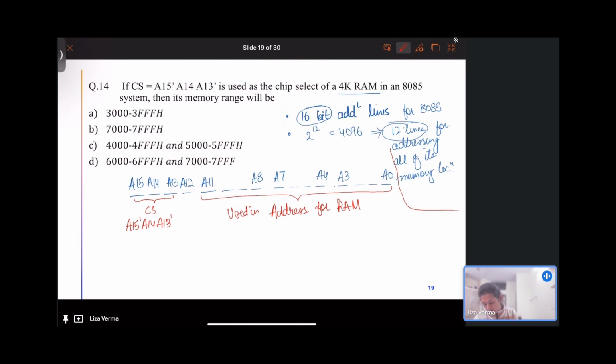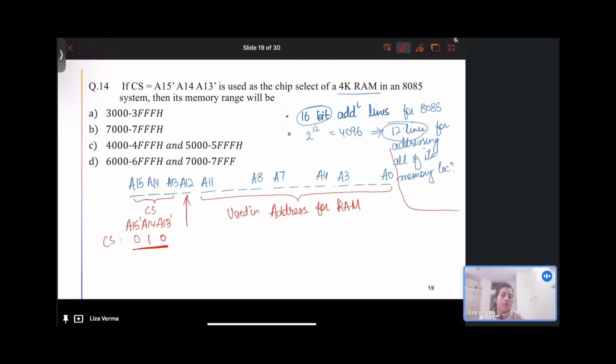So if the chip select is A15 prime, A14, A13 prime, then the chip select criteria is 0 for A15, 1 for A14 and 0 for A13. Primes are for low bit, right? So we are fixing this bit pattern for A15, 14 and 13, which leaves us with this A12.